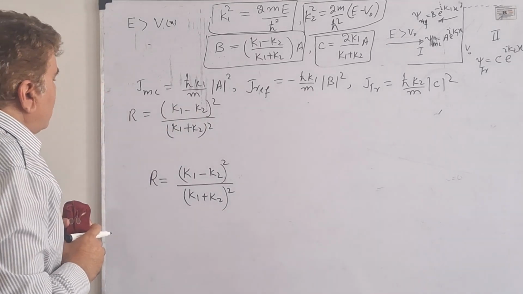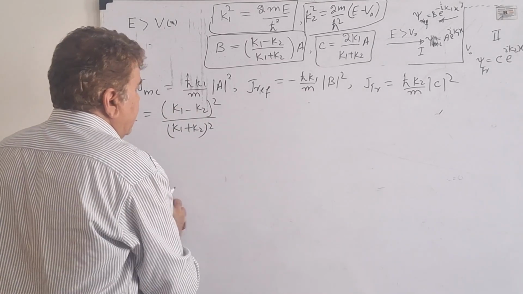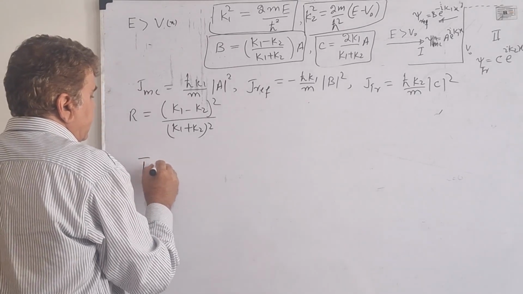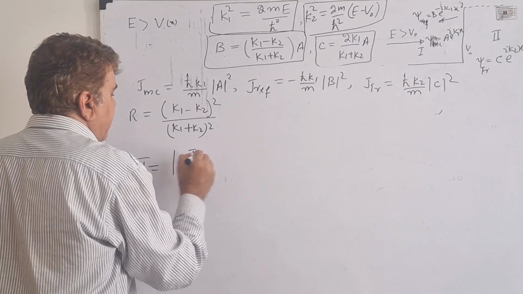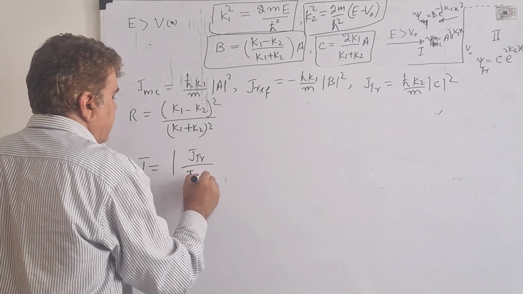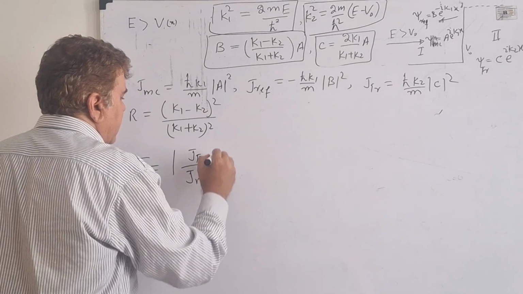And now the transmission coefficient T is defined as the modulus ratio of J transmitted to J incident.